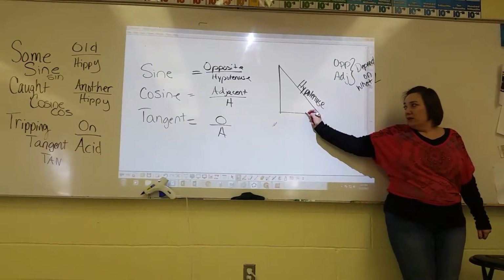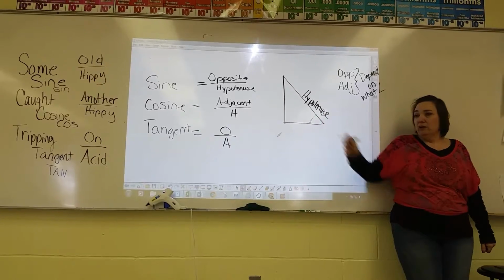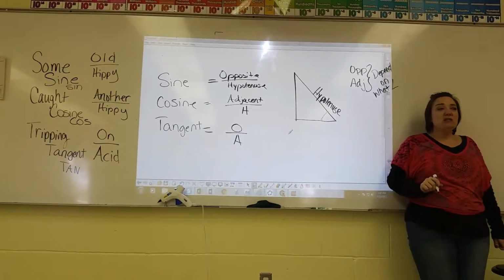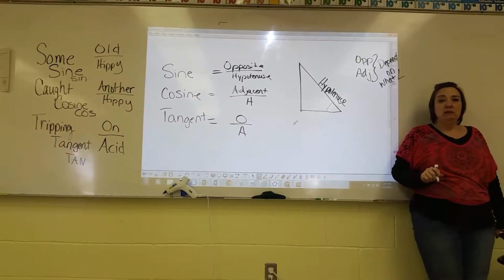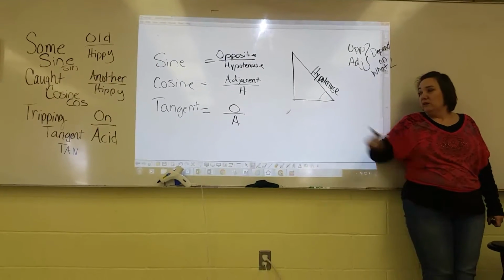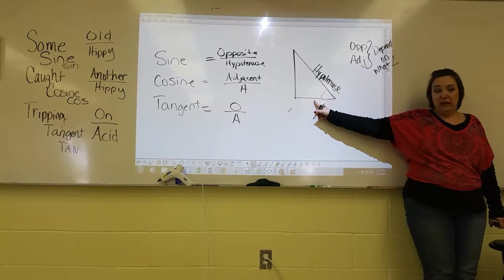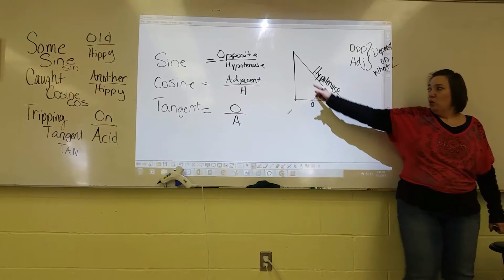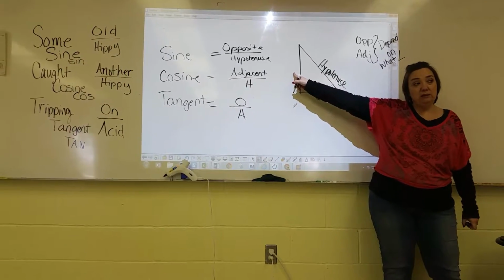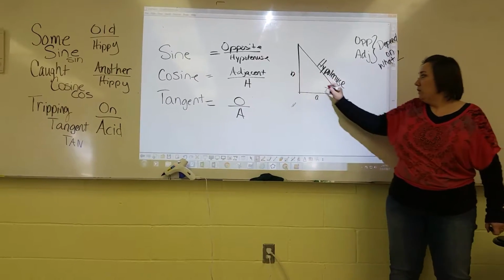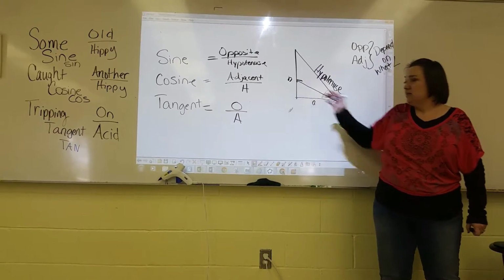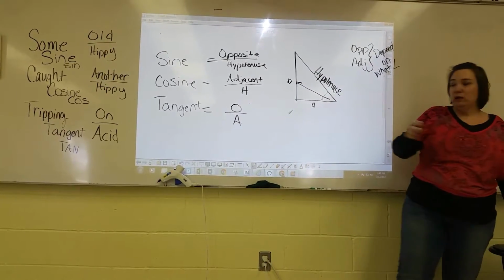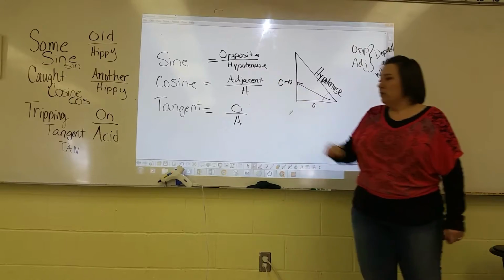If we're talking about this angle right here, what side would be considered the opposite side? This side, let's call it side A, or this side, side B? B would be the opposite side because it's across the triangle. So we would call this the opposite side.